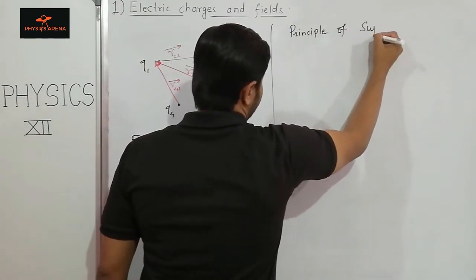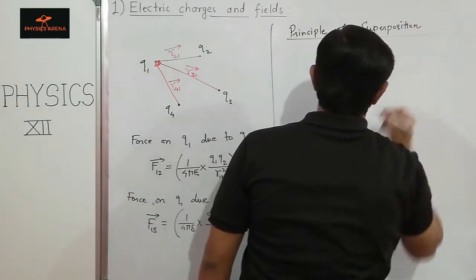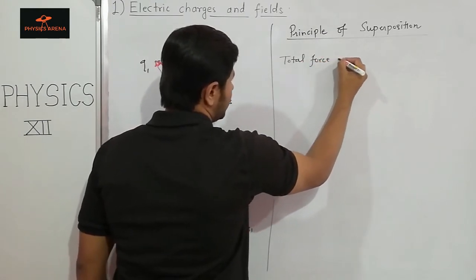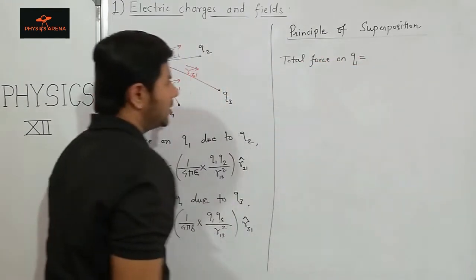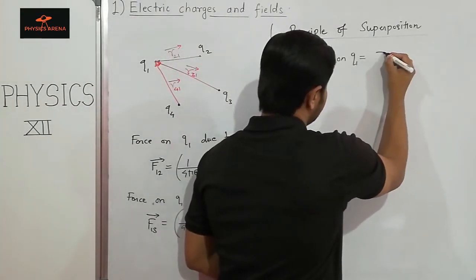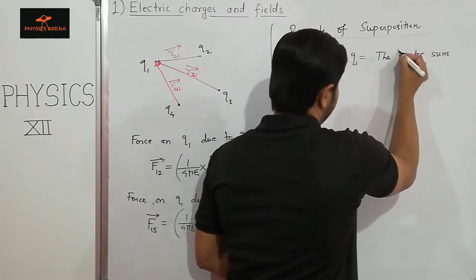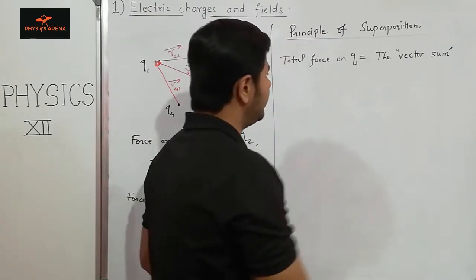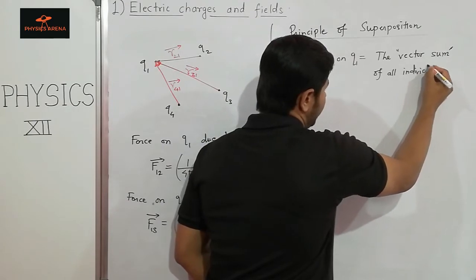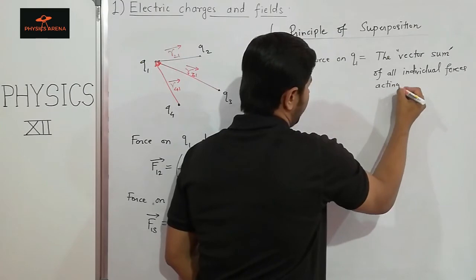Then the principle of superposition says that the total force on Q1 equals the vector sum, and this word is important, it is the vector sum of all individual forces acting on Q1.